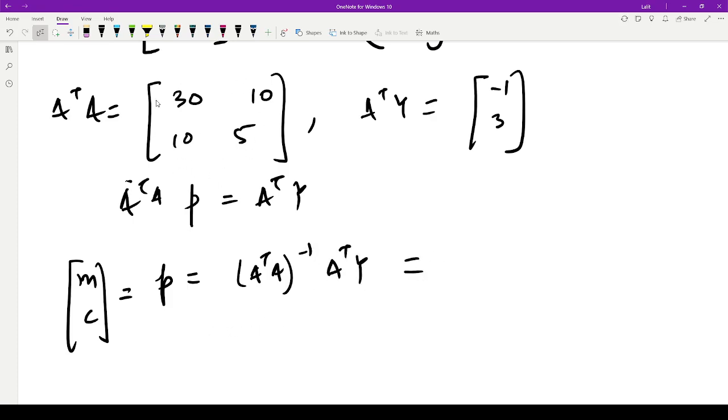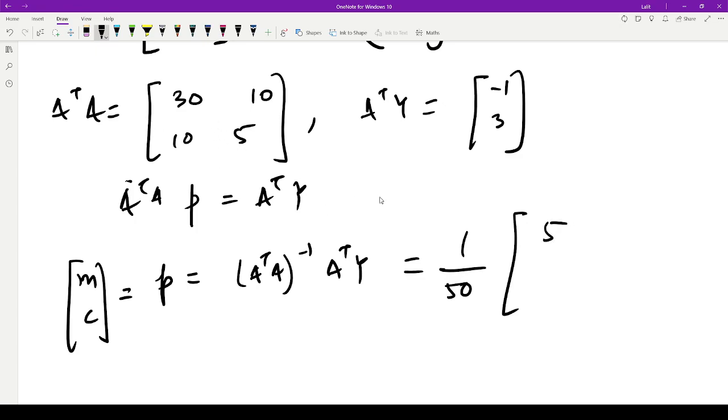So how to take inverse of this? Okay. It's a 2D matrix, right? Can anyone tell? What's a quick way to do it? So 1 by determinant, and the determinant will be 150 minus 100 is 50. And for a 2D matrix, it's easy to remember.